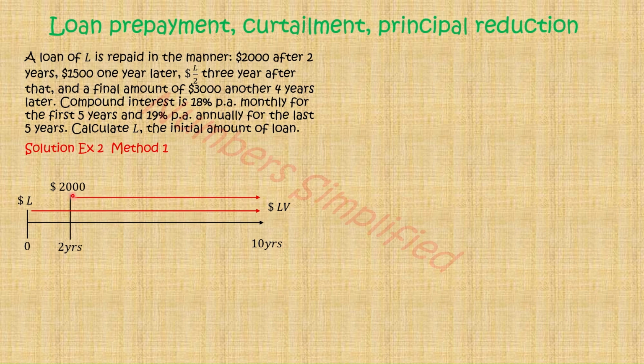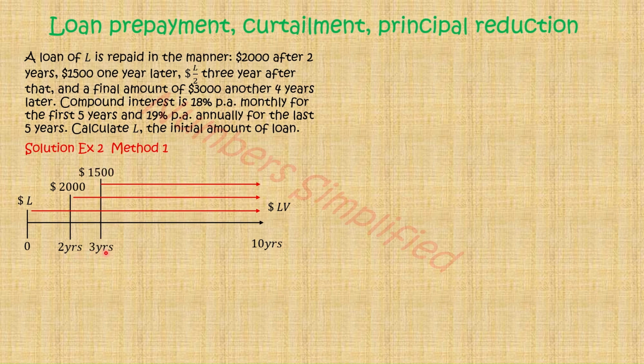So that 2,000 is going to accrue some interest so that at the end of the period, the 10 years, that 2,000 is going to help in clearing the loan.